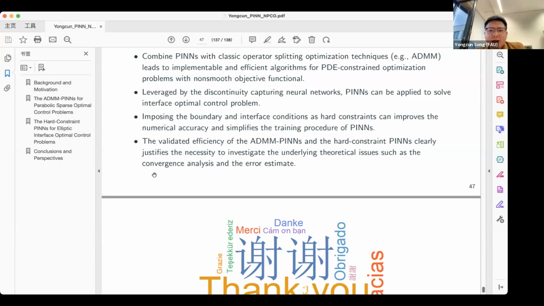If we only focus on the computer time, the PINNs method is less efficient than the adjoint methods. But one of the advantages of PINNs is that it can handle some complicated domains, and it can easily be adapted to other problems.